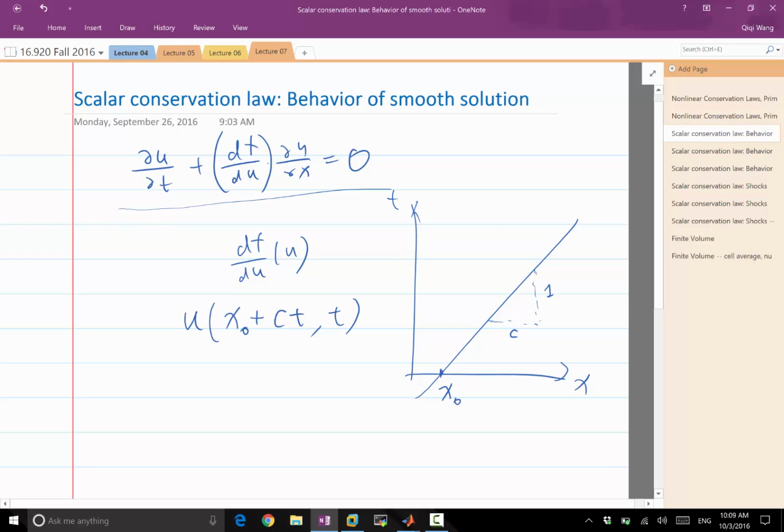So this is x naught, this is t equal to 0, right? As t increases, x is going to increase by c times t. Okay, so this function, if we fix x naught, is just a function of t. So let's look at what is du of x naught plus ct, t, dt.